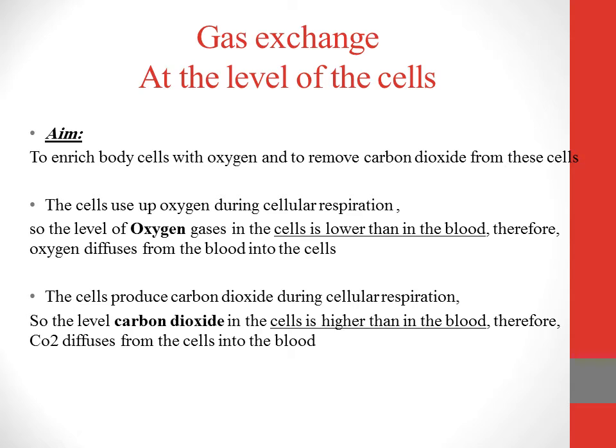In contrast, the body cells are rich in carbon dioxide, which is produced by cellular respiration, while the blood is poor in carbon dioxide, so carbon dioxide diffuses from the body cells into the blood capillaries. Oxygen diffuses from the blood into the cells, and carbon dioxide diffuses from the cells into the blood.